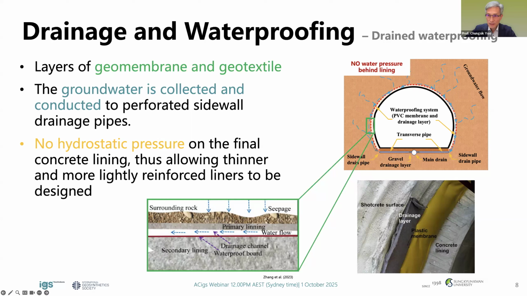Now, the groundwater seepage through the shotcrete layer is intercepted by the drainage layer and directed to perforated sidewall drainage pipes. Okay, so you can see that this is ground, and you have primary lining, which is shotcrete, and then the water through the primary lining is intercepted by the drainage layer.